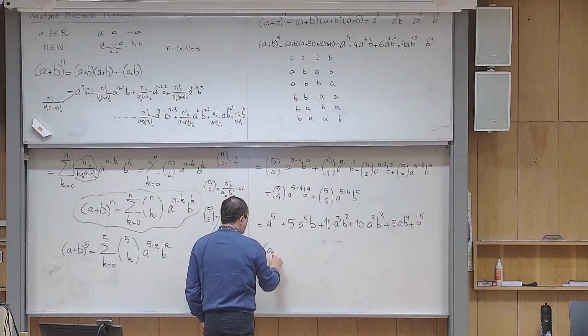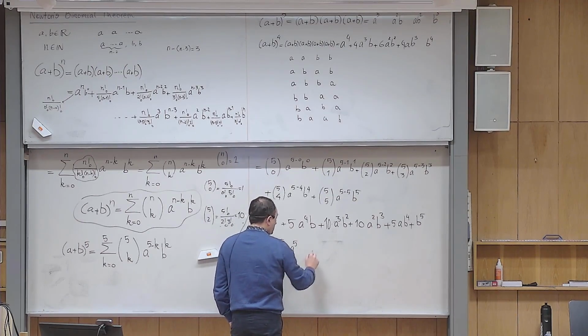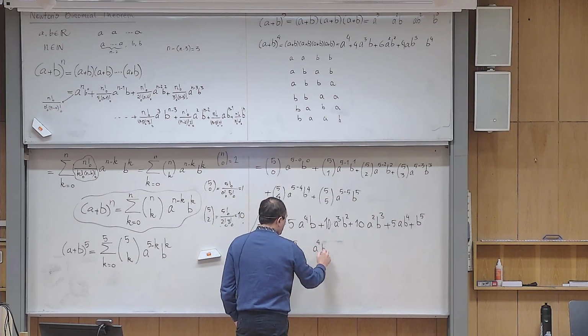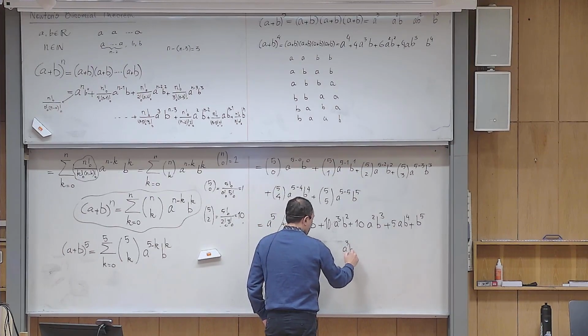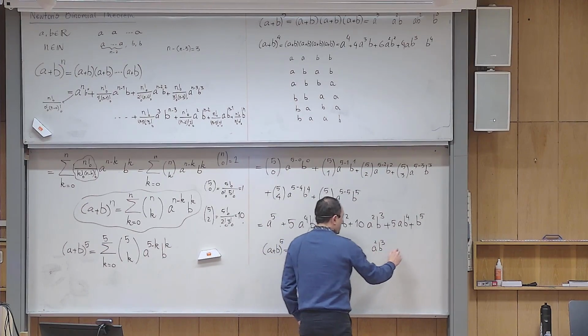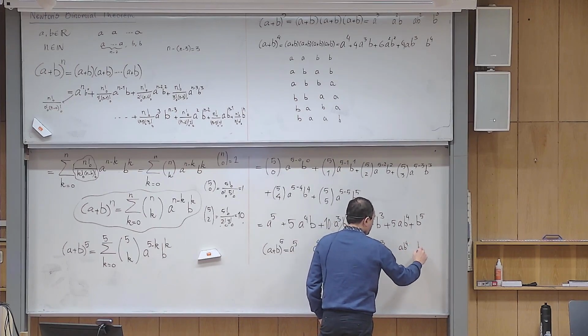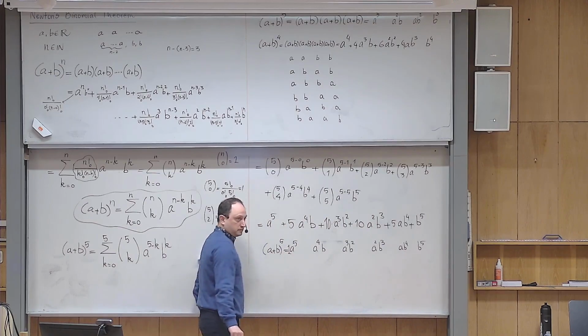So if I want to do that, I know about the terms, so I know that the first term should be this one, the next one will be this one, if I want to write them in order. Of course, you know that in addition, order doesn't matter, but let us respect the order. And then I will have a to the power of 2 b cubed, then I have a b to the fourth, then I have b to the power of 5. So the first one I know it's 1, yes?